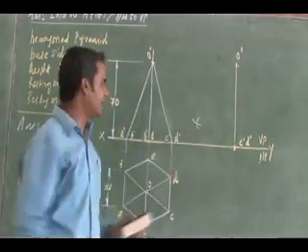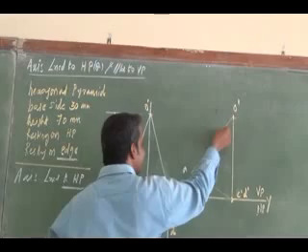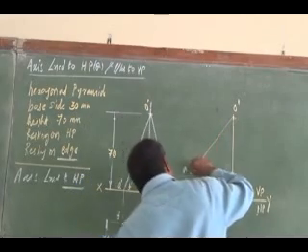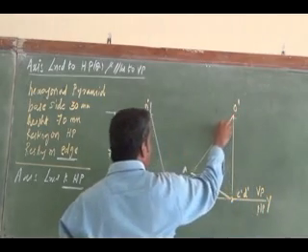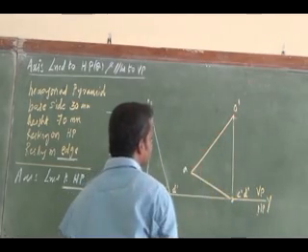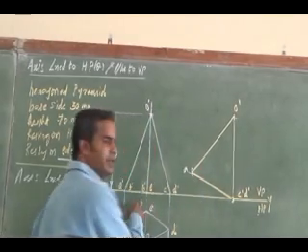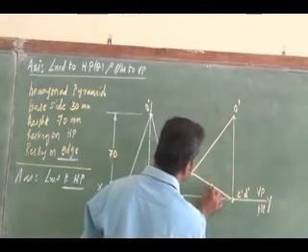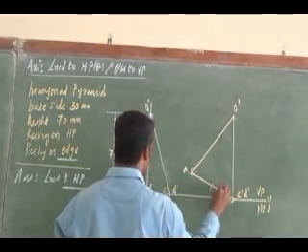The intersection I will get is A. Then B you can mark, it is exactly in the middle. That is B dash.